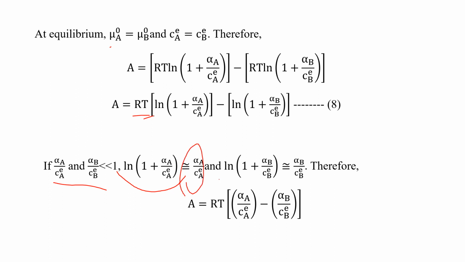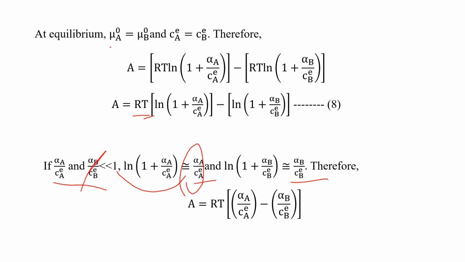In the same way, instead of writing ln 1 plus alpha B by CBE, which is a very small value, very much lesser than 1, we can write alpha B by CBE.